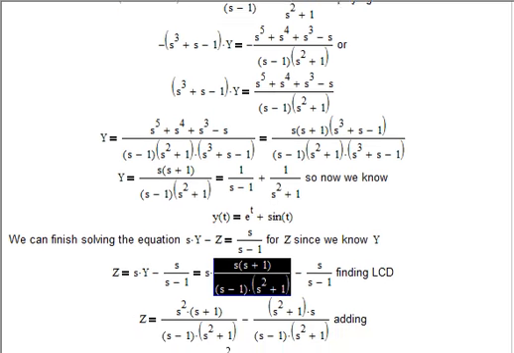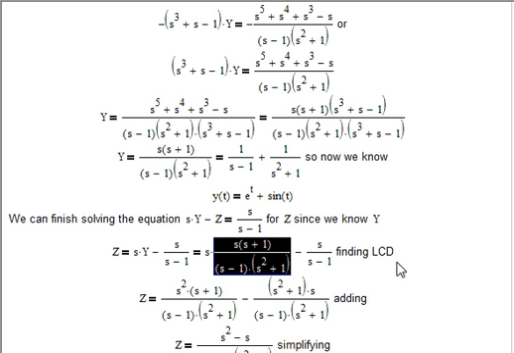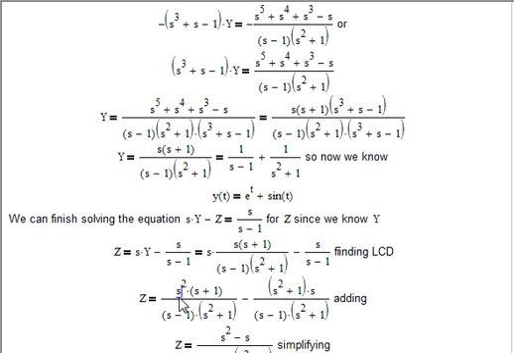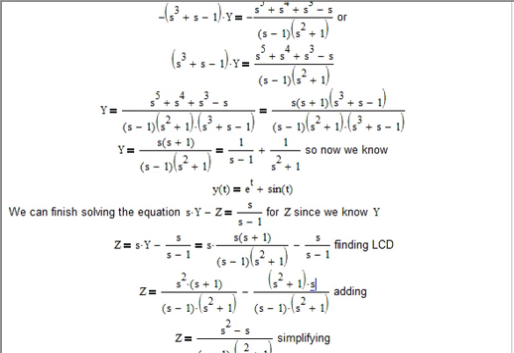Well, that's not too terribly bad. So finding the LCD, which is not too hard, this just needs an extra s squared plus 1 in it, so we wind up with s squared times s plus 1, which we got from this s times this s. And then for the common denominator, we need an extra s squared plus 1 in the numerator, so now we've got a common denominator and we can do our subtraction.